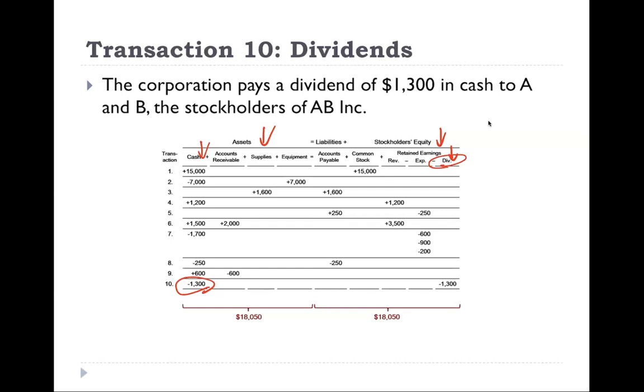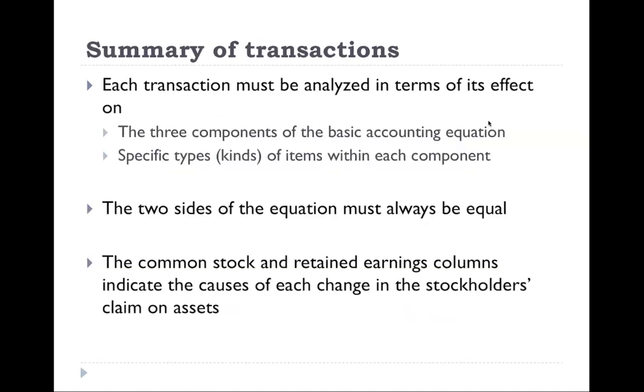And as you can see here, just to summarize, each transaction must be analyzed in terms of its effect on the three components of the basic accounting equation, which are asset, liability, and stockholders' equity. And we also need to analyze its effect on specific types of items within each component. So does the transaction affect cash?